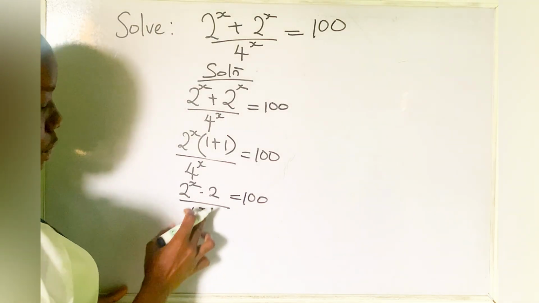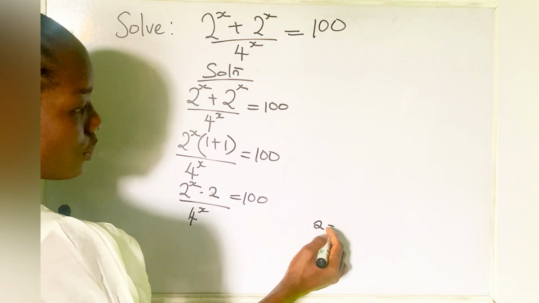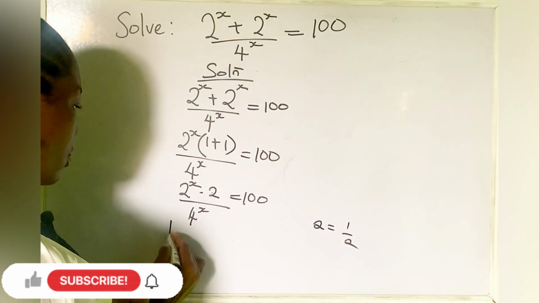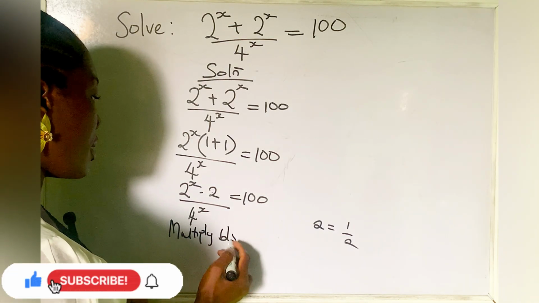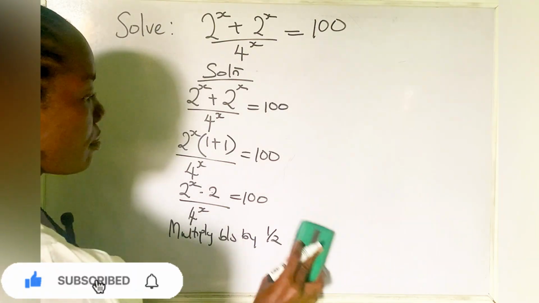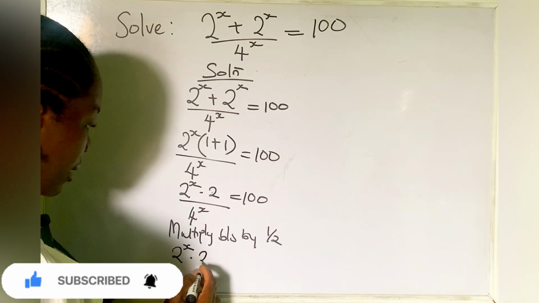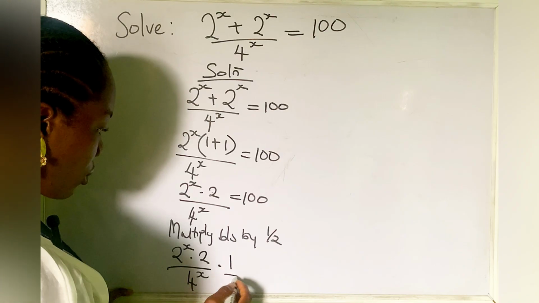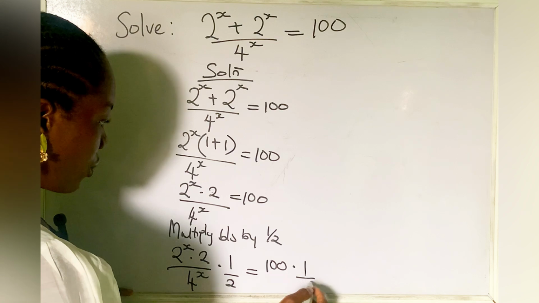Okay, now let's multiply both sides by the inverse of 2, which is half. The inverse of 2 is what? 1 over 2. So we multiply both sides by 1 over 2. So this now is 2 to the power of x multiplied by 2 over 4 to the power of x multiplied by 1 over 2 is equal to 100 multiplied by 1 over 2.